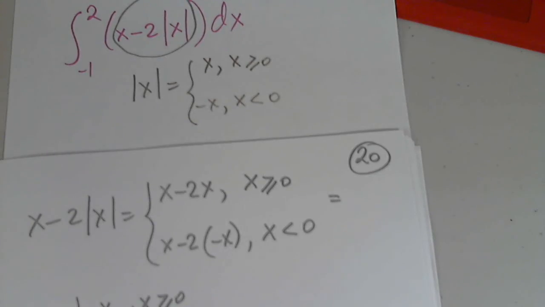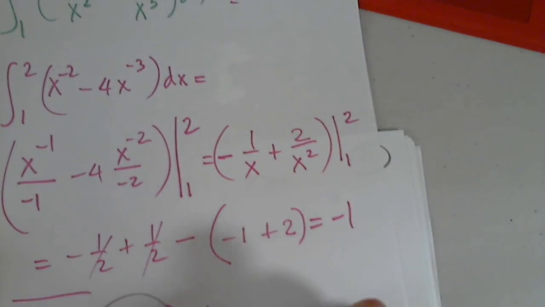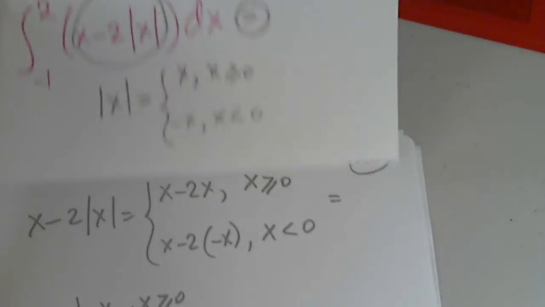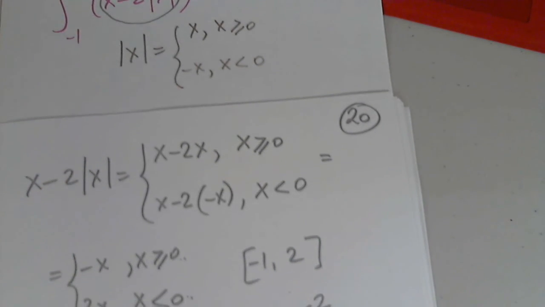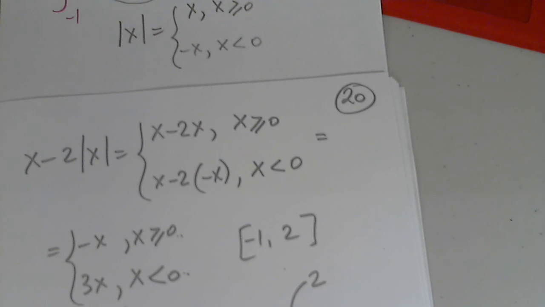So therefore, I know that this integral is composed of two integrals. So the interval is negative 1 to 2. But there is a break at 0. So I have negative 1 to 0, and then 0 to 2. Negative 1 to 0 is from 3x, of course dx.